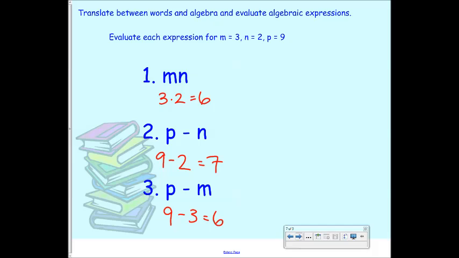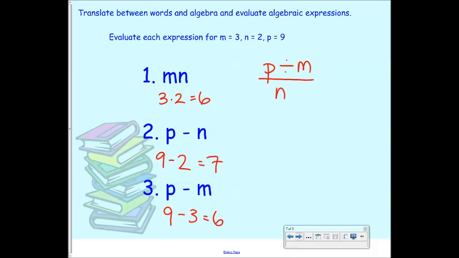What makes evaluating more complicated? Why is it not always this easy? Bigger numbers, maybe? Are they always just going to have 2 variables? No? Sometimes there's going to be 3 variables, so sometimes you might have something like this. All right, what would you do here? Okay, so the first thing I'm going to do is what?